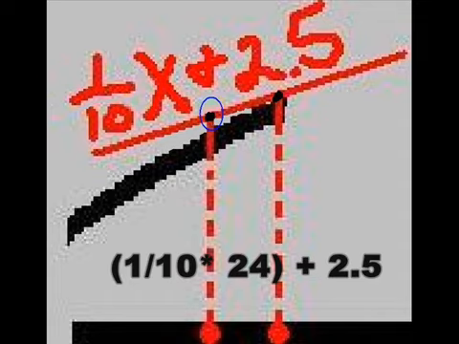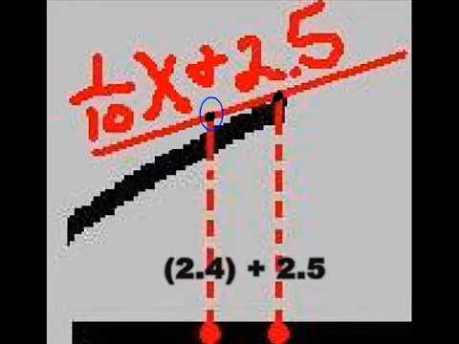Now watch. I take the formula 1/10 x plus 2.5. I take the x, I plug in 24. It says 1/10 times 24 plus 2.5. So what is 1/10 of 24? Well, just move the decimal spot 1 point to the left and you get 2.4.